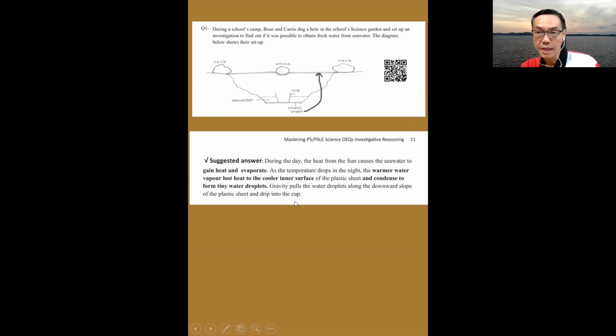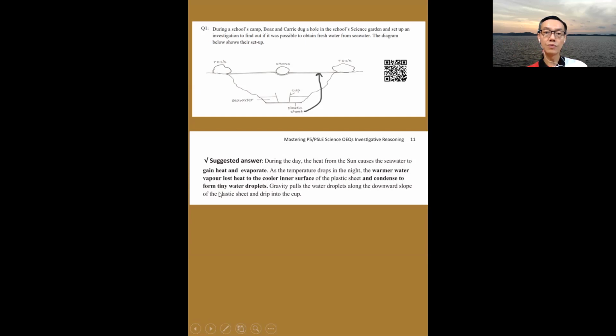As you can see that I have specifically bold the words, and these are the parts where the examiner are looking for. So you must identify the heat source, like the sun, okay, causes the seawater to what? To gain heat, and then it will evaporate. So the warmer water vapor will lose heat to where? To the cooler inner surface of this plastic sheet and do what?